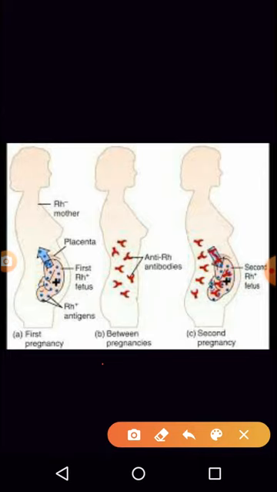But what do these D antibodies do? They will go and lyse RBCs containing the D antigen from the fetus.